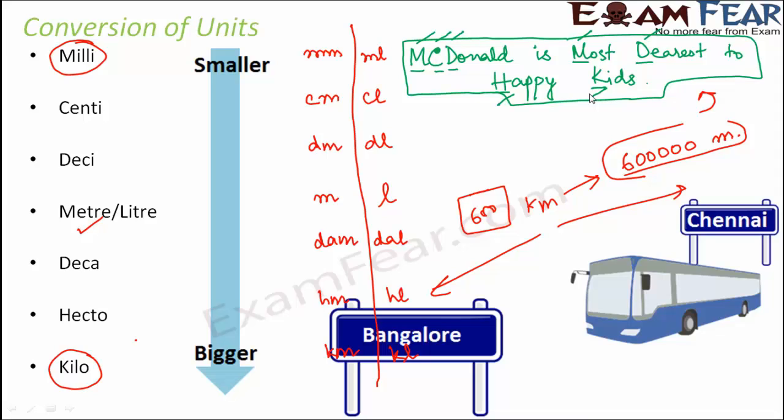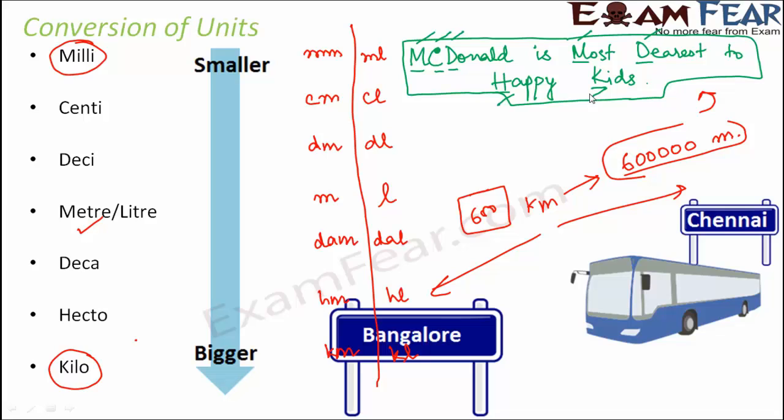And that's how you can remember the units, because K will remind you of kilo. H will remind you of hecto. M will remind you of milli. So McDonald is the most dearest to happy kids, and that's how you remember milli, centi, deci, deca, hecto, kilo.